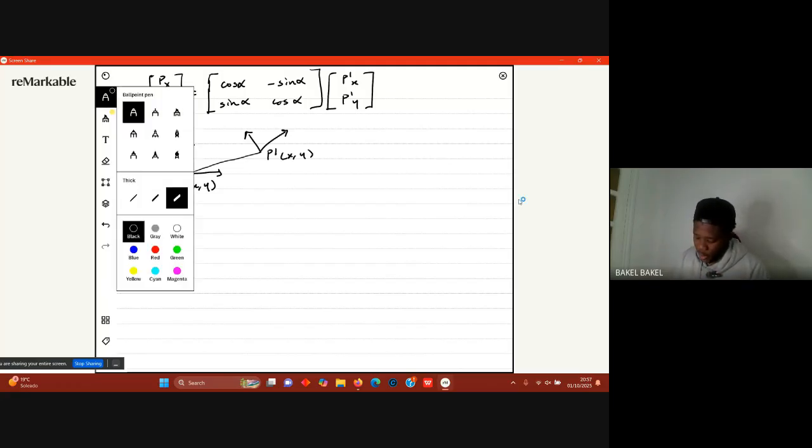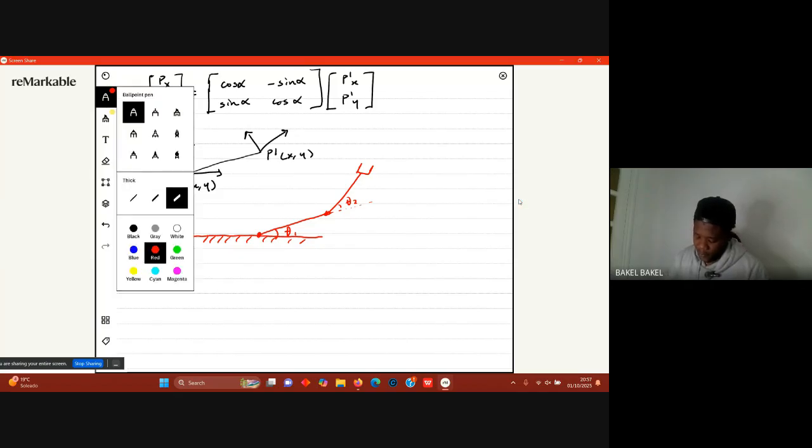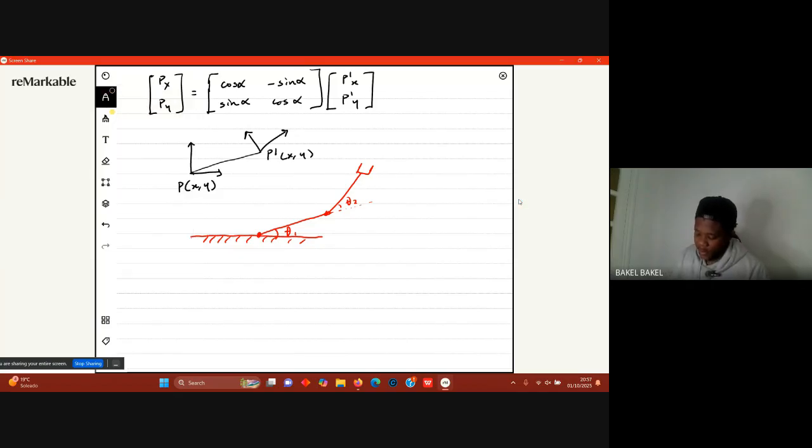So if we draw our link from here to here, theta 1, the joint, remember, theta 2. Now, let's give some labeling.